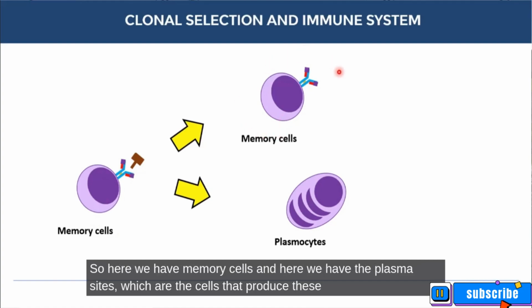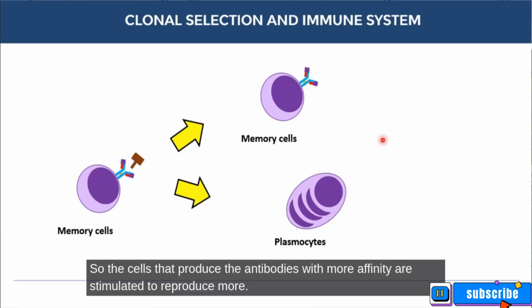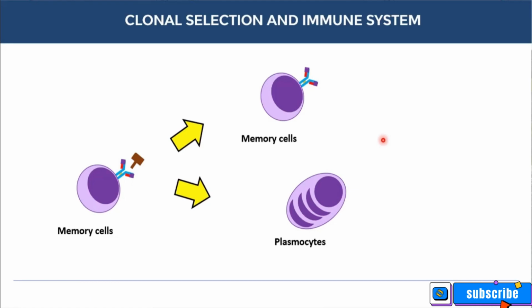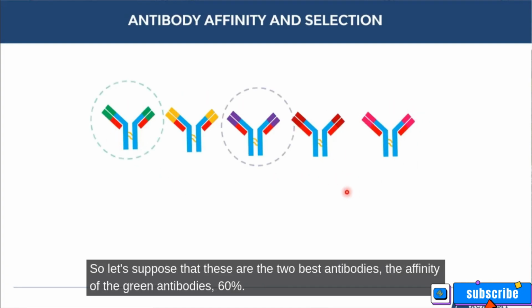Here we have memory cells, and here we have the plasmocytes, which are the cells that produce these types of antibodies. The cells that produce the antibodies with the most affinity are stimulated to reproduce more. The cloning of the antibodies in the respective cells is proportional to the affinity. Let's suppose that these are the two best antibodies.